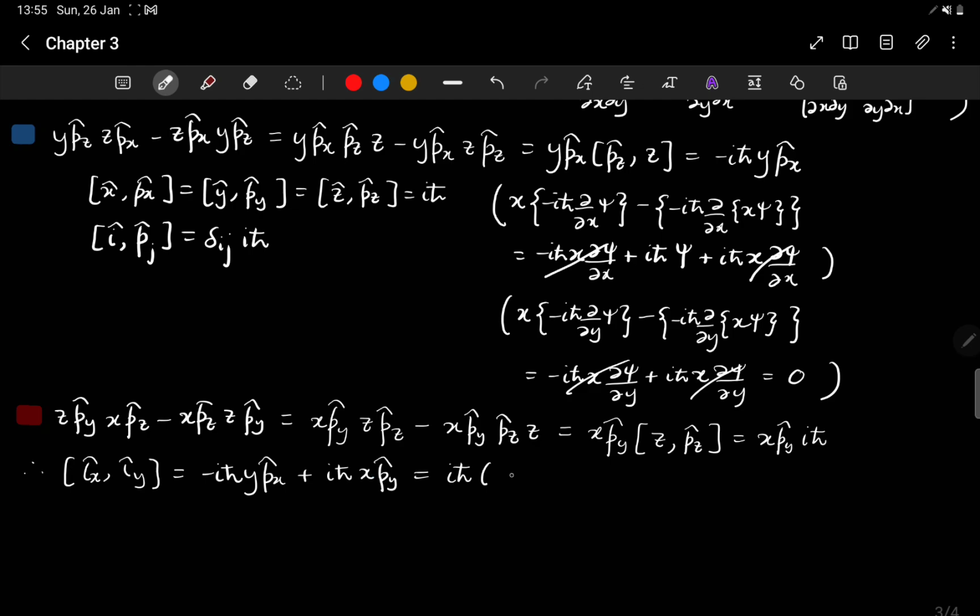term. So take iħ cross common. This gives me x py minus y px, and this finally then gives me the desired result.